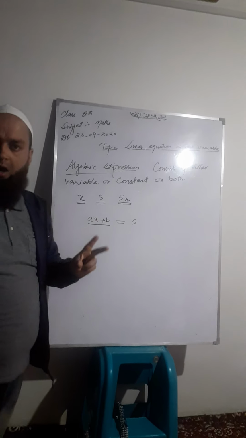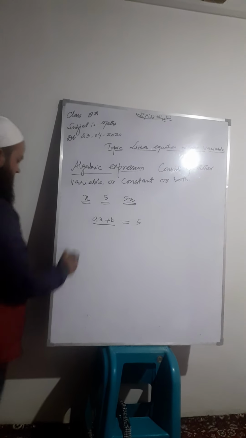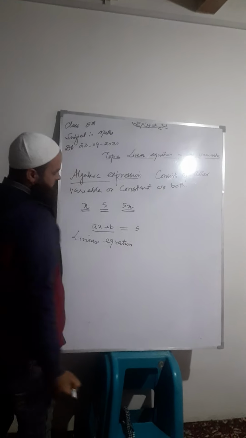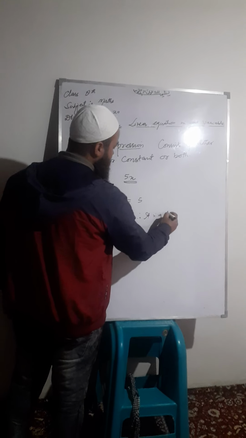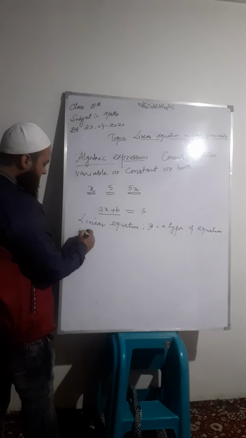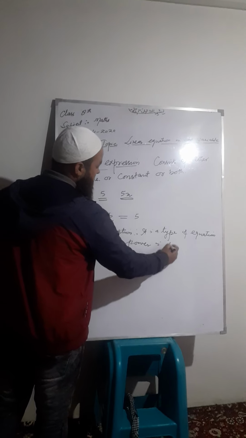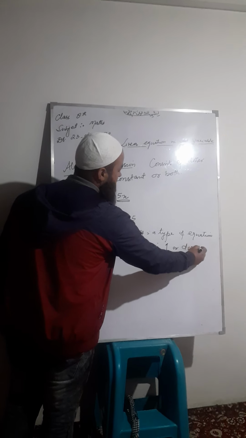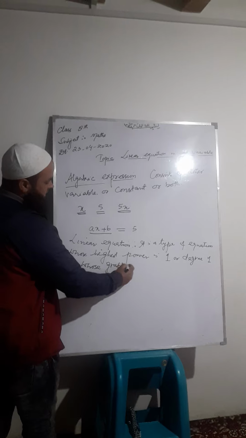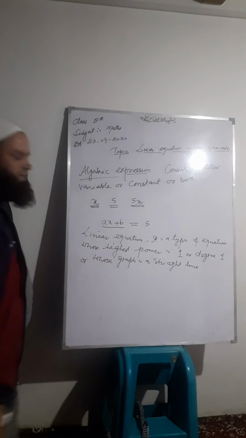Linear equation is a type of equation whose highest power is 1, or degree 1, or whose graph is a straight line. This is the simple definition of linear equation.